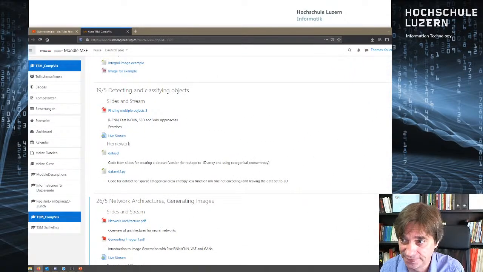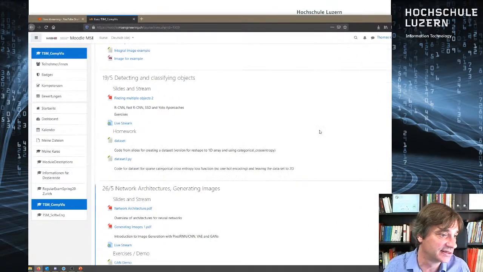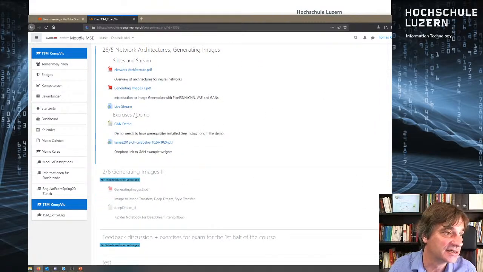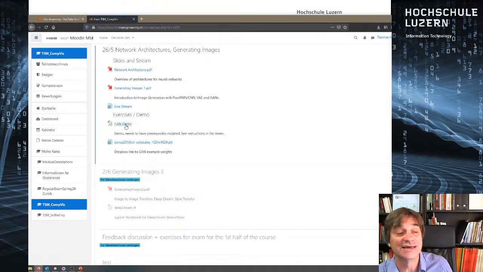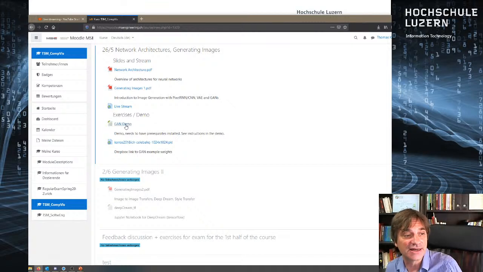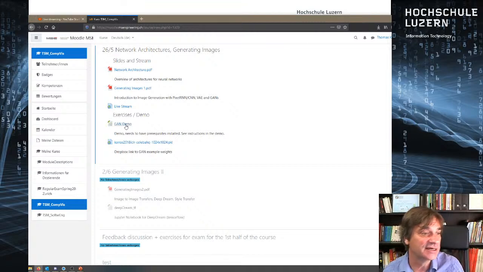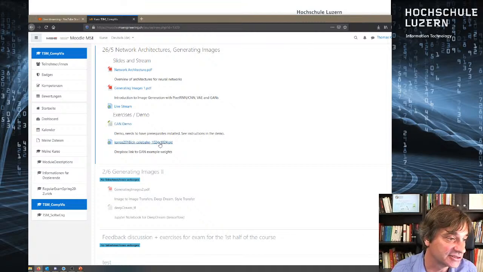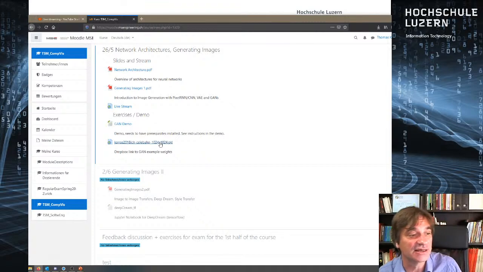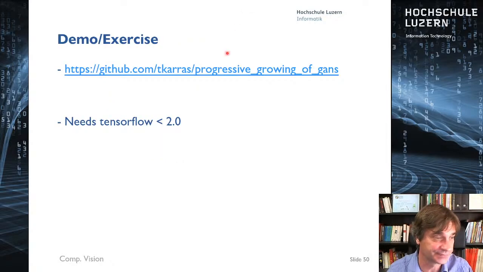Let me see. Okay. So here you would find the demo to try out, and you can see the instructions there. It's from that website, and here there was also another link to download the weights, as last time people had some problems with that.